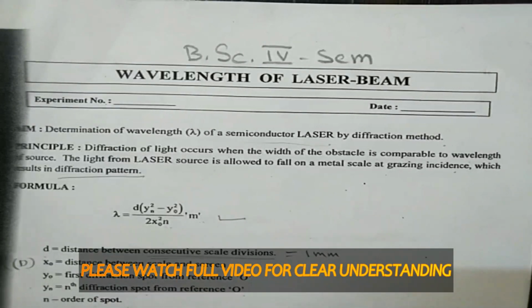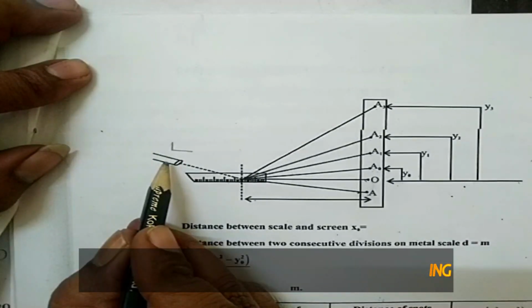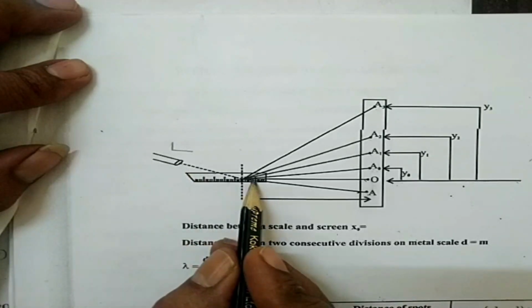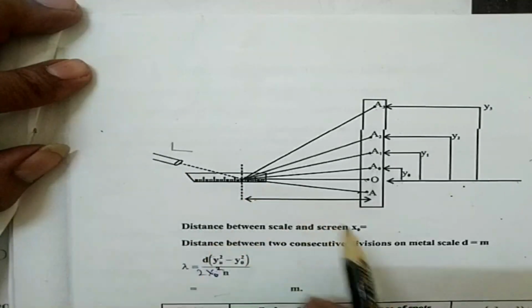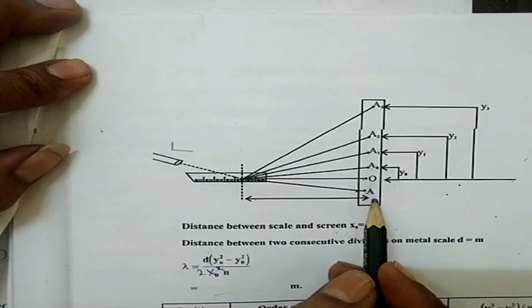It may vary from 1 to 10 if you get 10 diffraction spots. Clear? Now let us see the experimental arrangement in a diagram. Here the source is kept in such a way that the light is allowed to fall on the metal scale graduations. Without the scale, A is considered as the direct ray from the source.